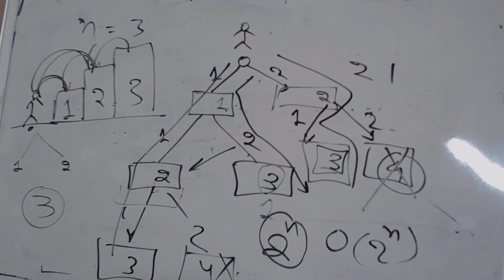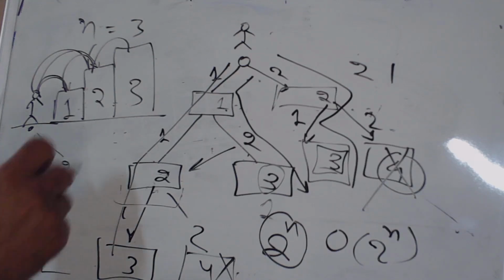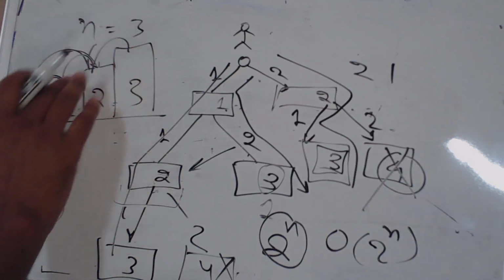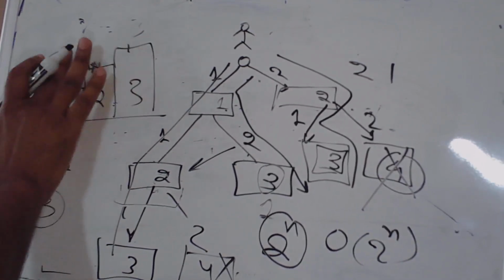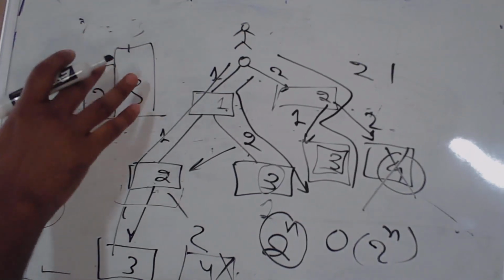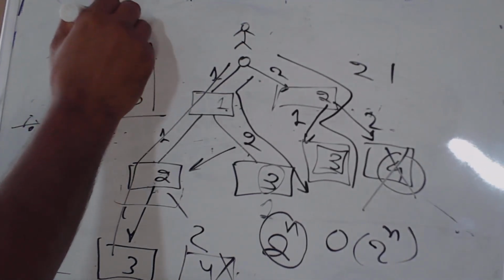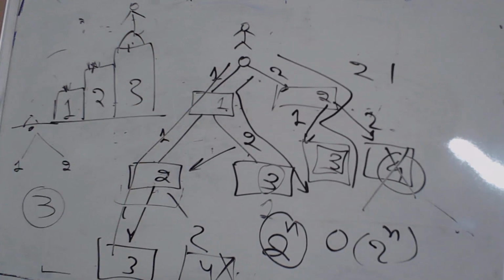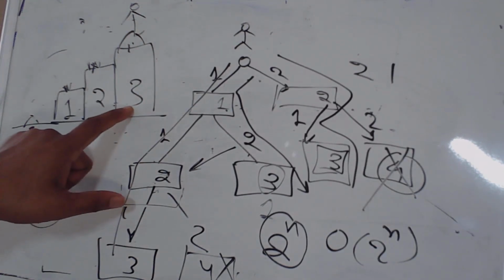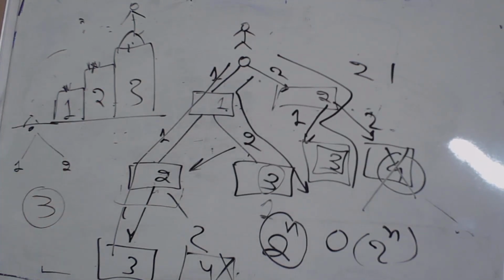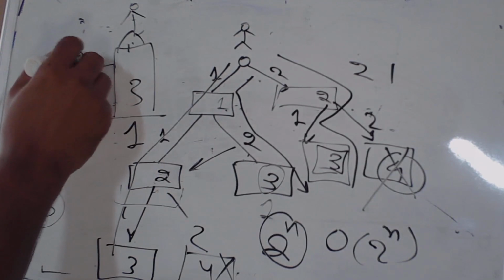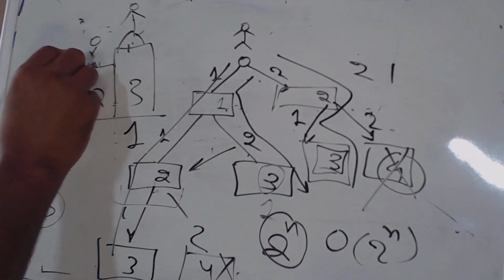So how can we implement dynamic programming here? If we start from reverse, just imagine that this guy is starting from the top. Now if he starts from the top at the third position, the only way he can reach the third is 1. Same, it goes to the second position.